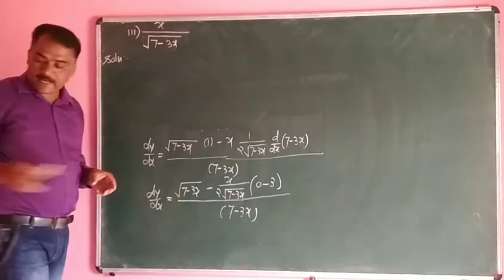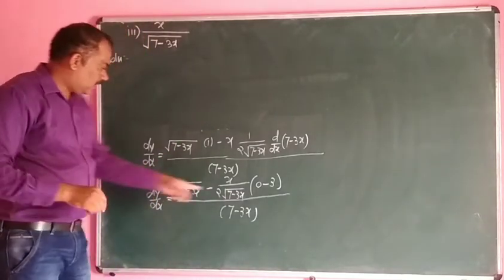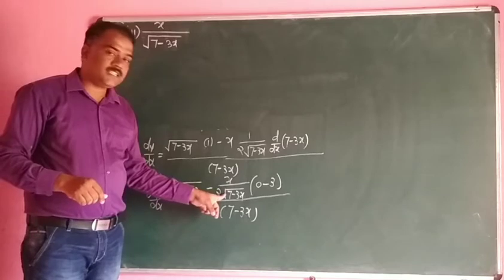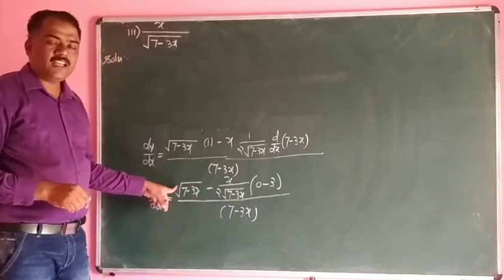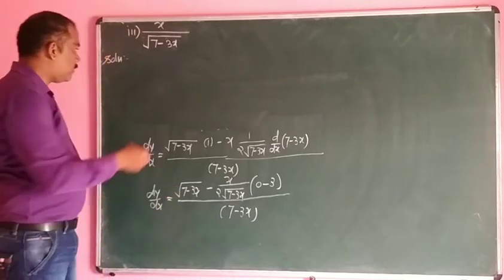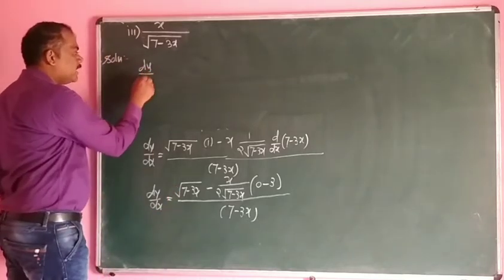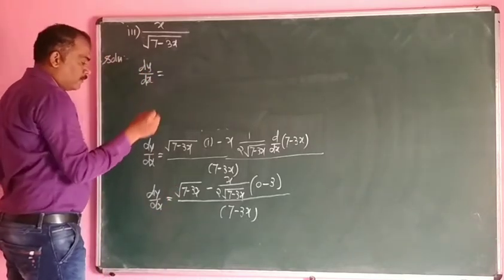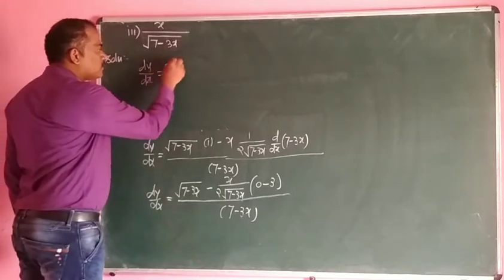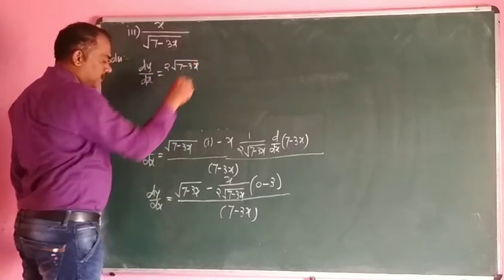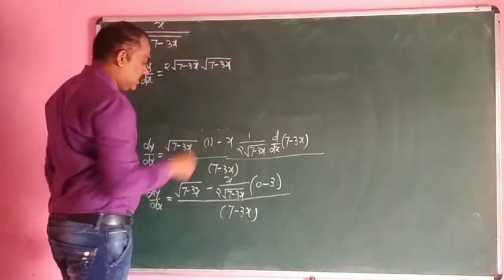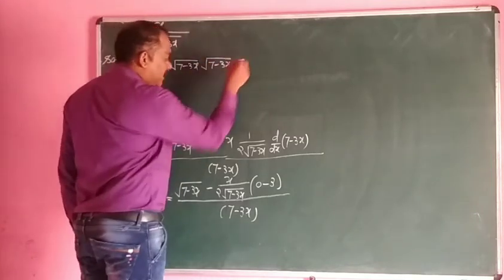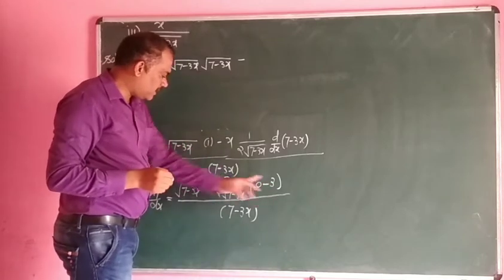Now we have to simplify this. 2 into square root of 7 minus 3x, here is the denominator, so we have to equalize the denominator. What do we get? dy by dx is equal to 2 into under square root of 7 minus 3x into under square root of 7 minus 3x, minus 0 minus 3, which is nothing but minus 3.